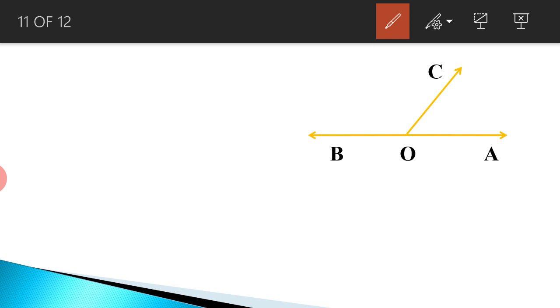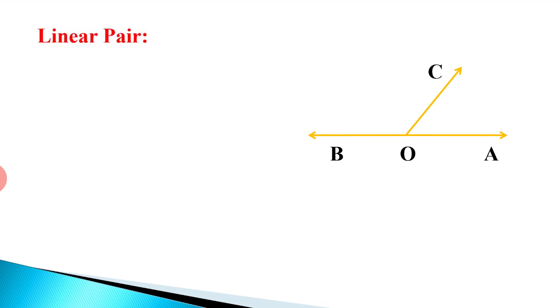They are adjacent angles. Now these adjacent angles, which are the non-common arms? BO and OA. Look at BO and OA. Are they forming a line? Yes. If the non-common arms are forming a line, then what do we say?